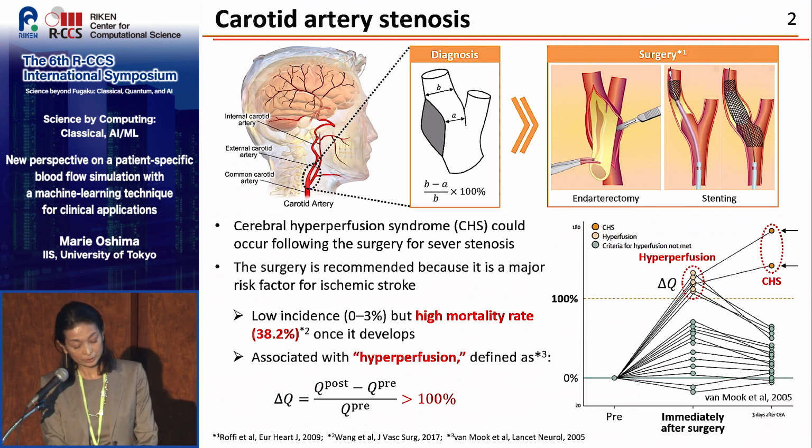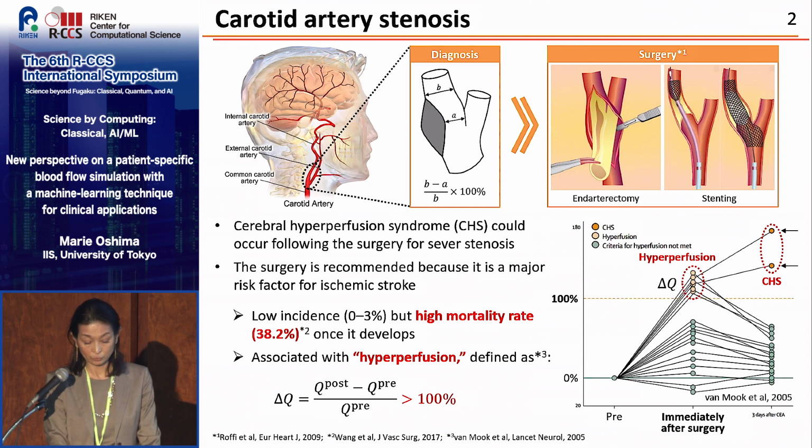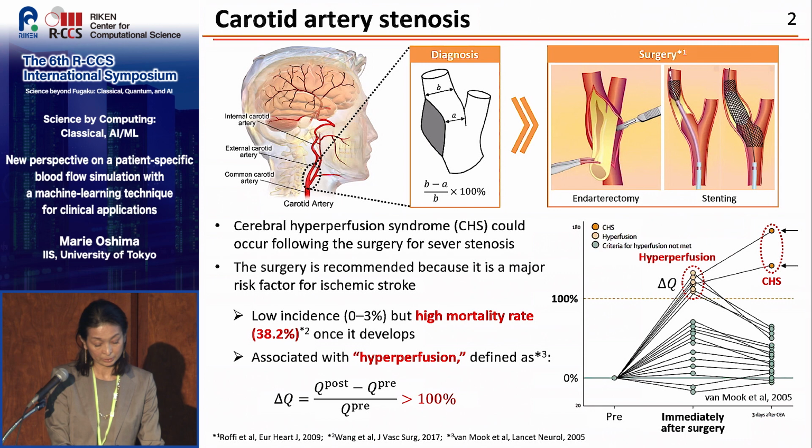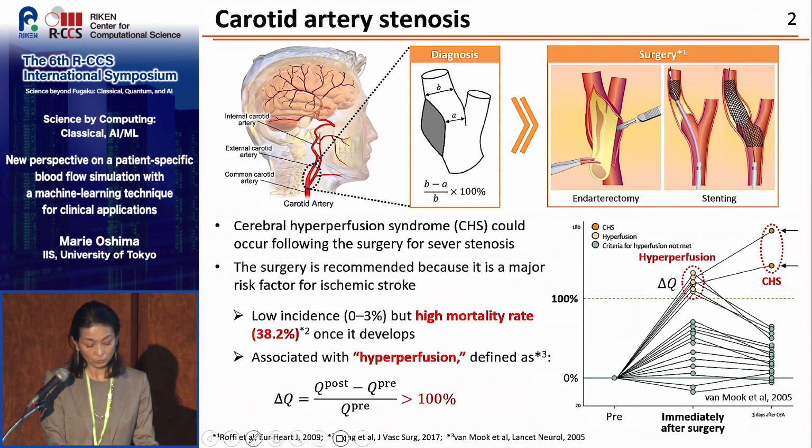The CHS, however, has a very low incidence, which is about 0 to 3%, but a very high mortality rate. It is about 38% once it develops. And hyperfusion is defined as shown in this equation.